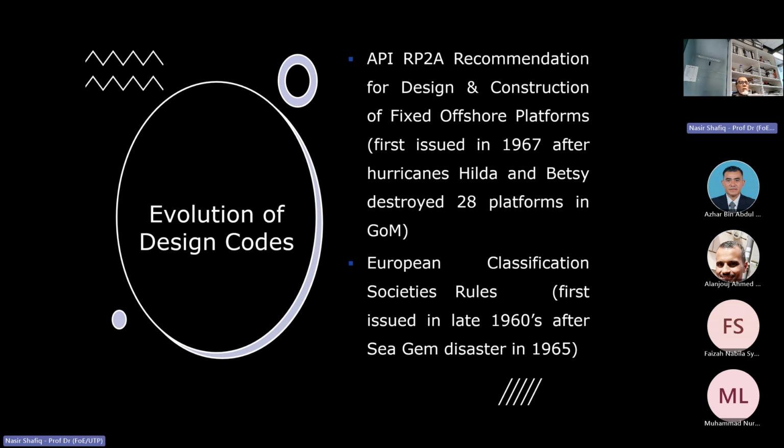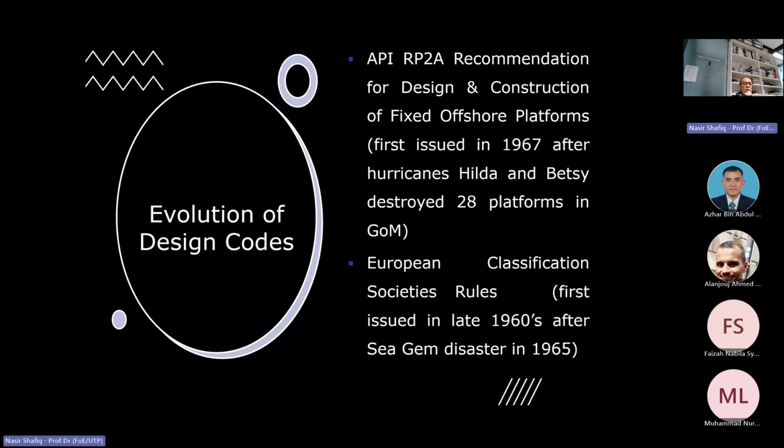After Hurricanes Hilda and Betsy destroyed 28 platforms in the Gulf of Mexico, now you have to have the knowledge if you are relevant to the platform and complying to API. So API RP2A for platforms, but you have to look at the latest version, right? Since 1967 it has been revised or modified several times.